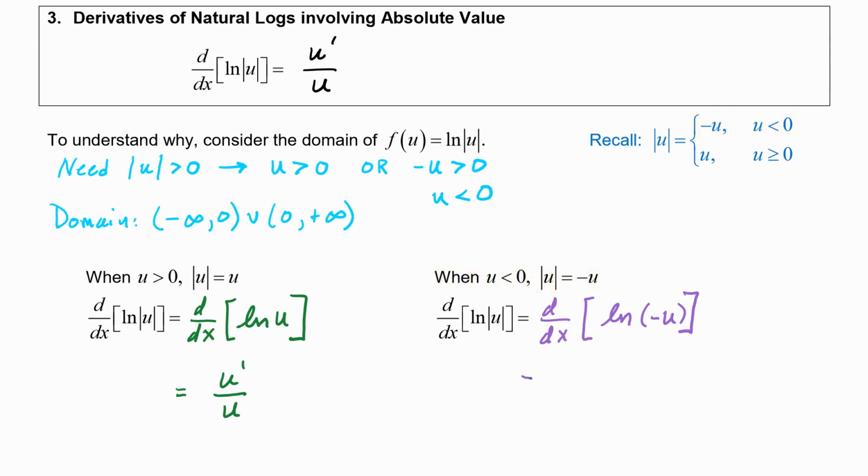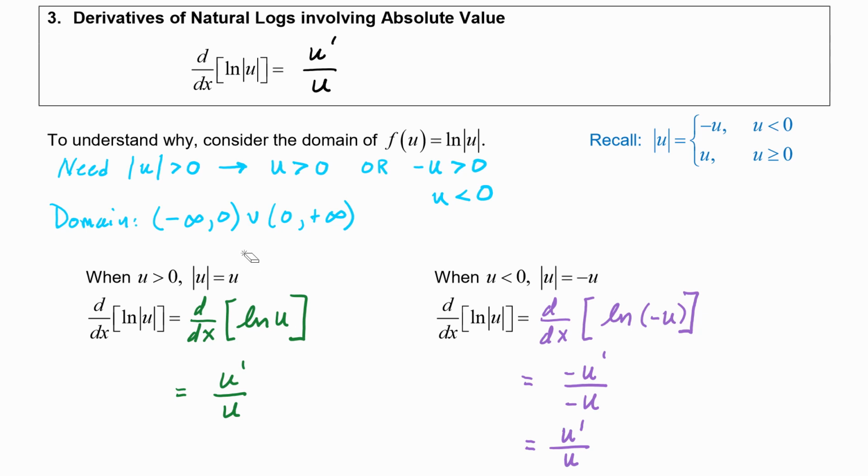Now, to find the derivative of log of some stuff, we take the derivative of the stuff, so that would be negative u prime over the stuff, which is negative u, and this simplifies to be u prime over u.